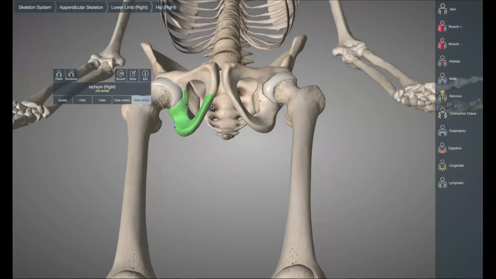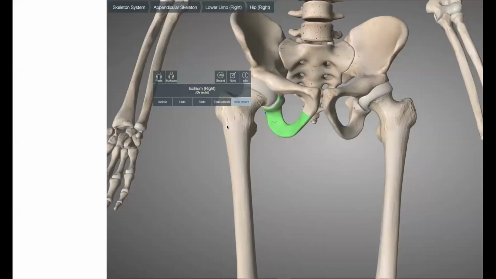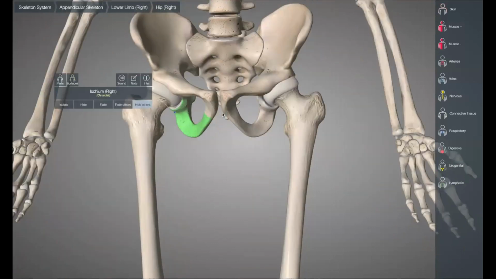Now, that's the pelvic girdle. You can go deeper and talk about the parts of the hip bone.